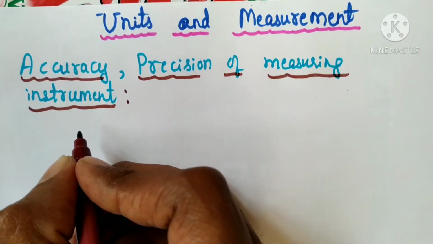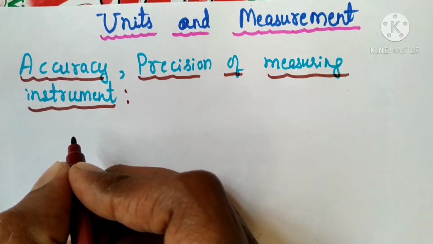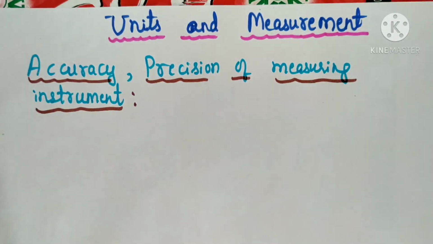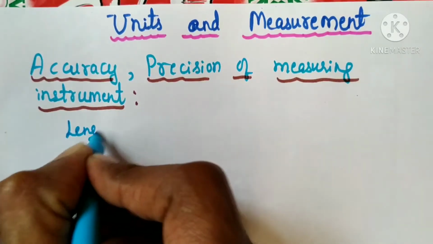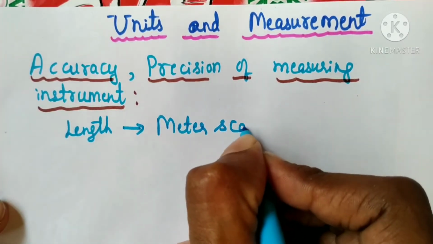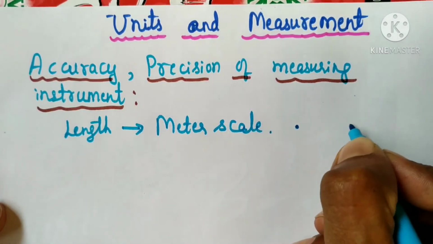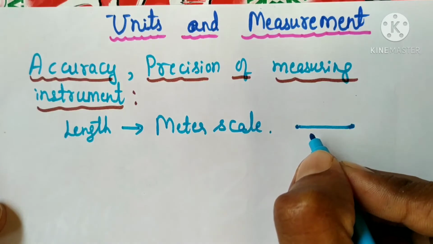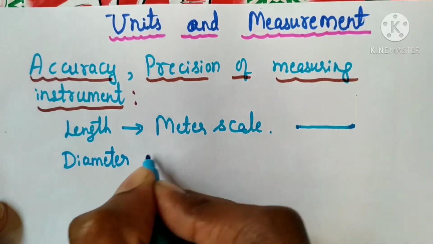We already know that if you want to measure any physical quantity, we need a device. With the help of an instrument we can measure the value of a physical quantity. For example, with the help of a meter scale I can measure the length of any object, or the distance between two points.